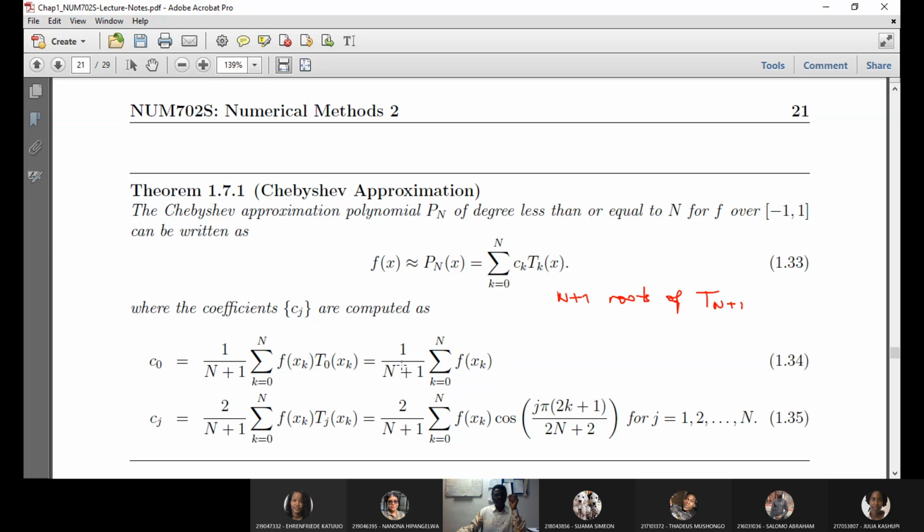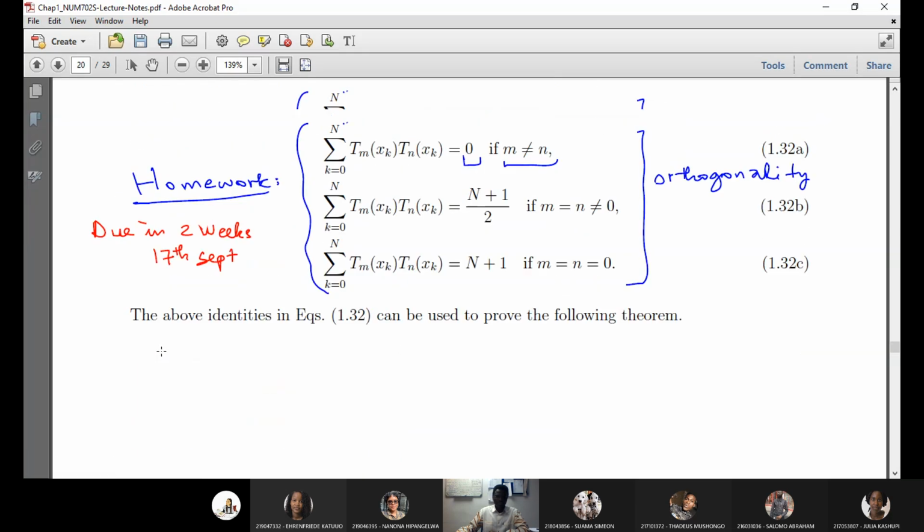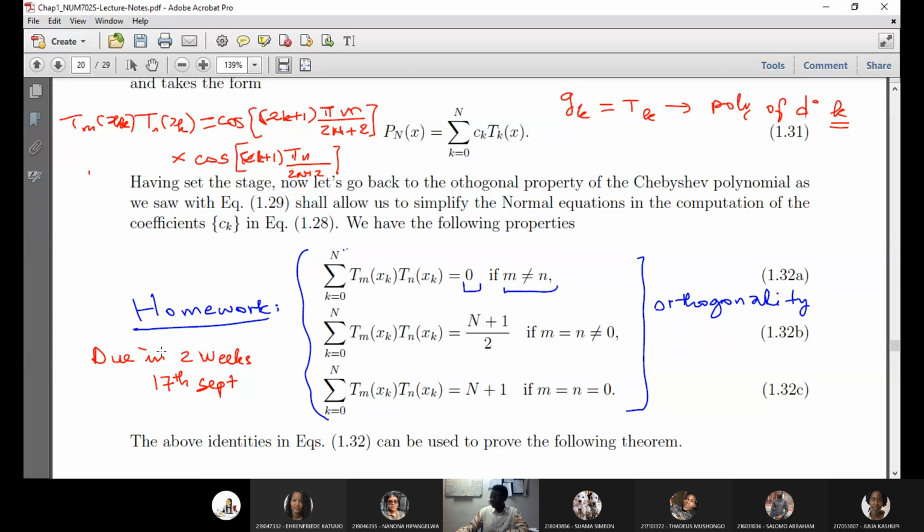As you can see here, n plus 1, and the other one will be n plus 1 by 2. Okay, so we use that fact to solve for the Ck's through this orthogonality. This is the orthogonality property that I asked you to prove, and you have till the 17th.